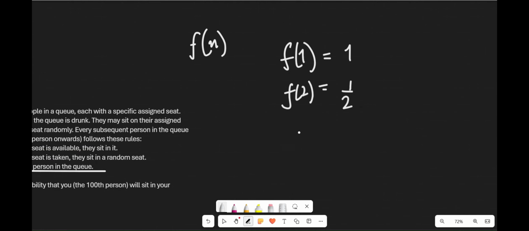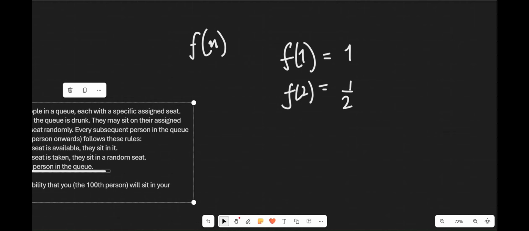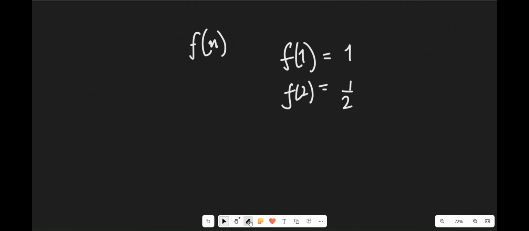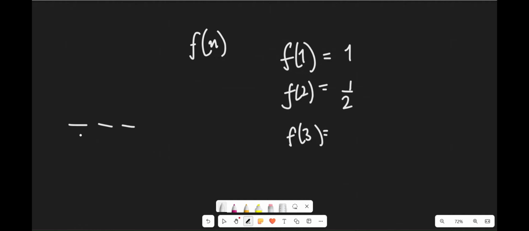Now similarly, if we look at f3, there are three seats, 1, 2, 3.